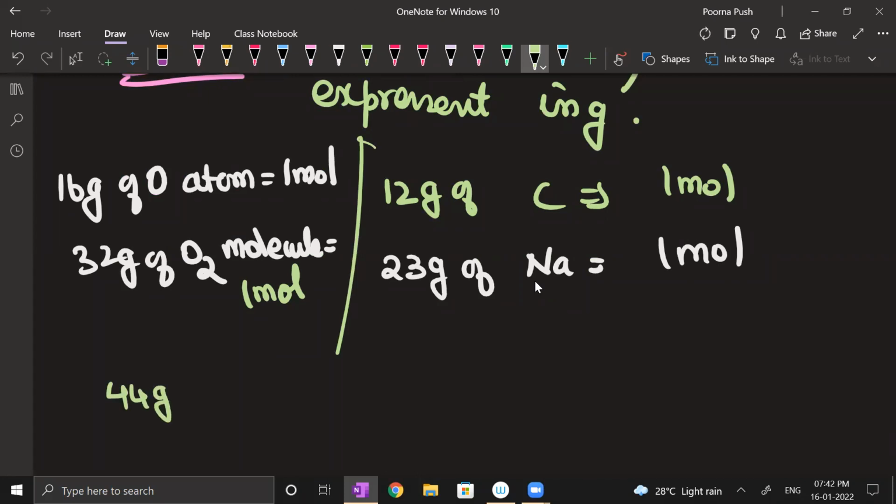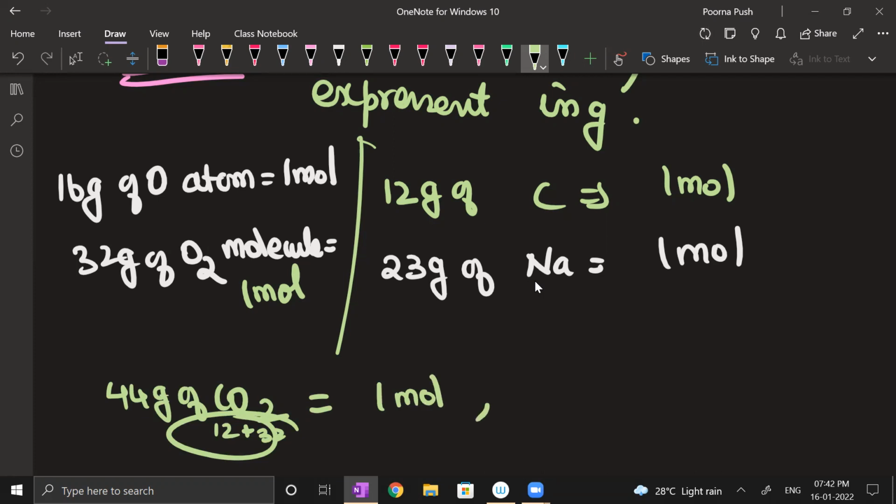What about O3 now? Okay, let me finish this first and then I will tell you. 44 grams of CO2: carbon is 12, oxygen is 16, 2 are 32, so 44. So 44 grams of CO2 is 1 mole.